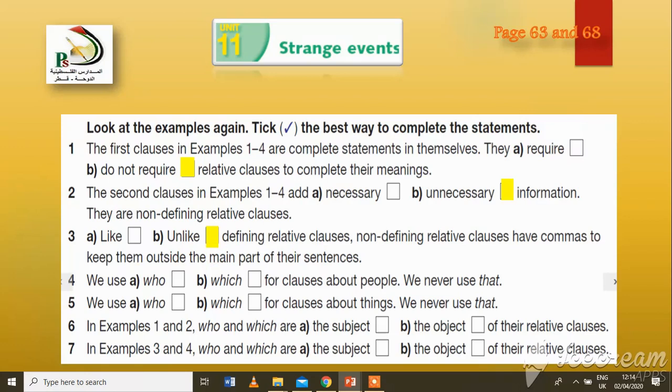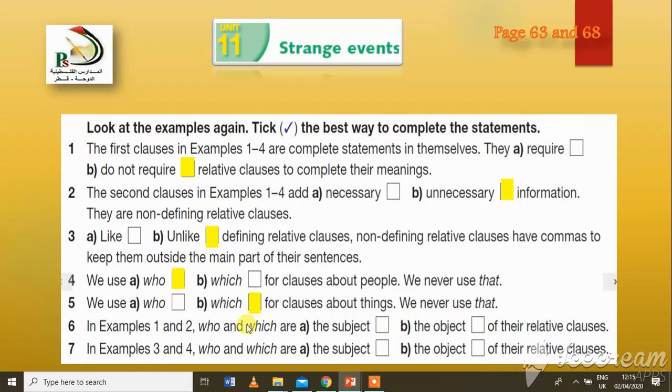We use who or which for clauses about people. We never use that, we never. Is it who or which for people? Correct. We use who or which about things. We never use that. Things.